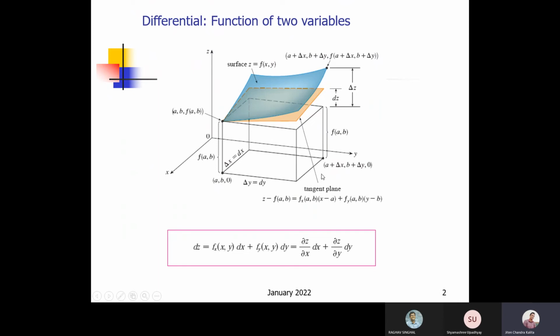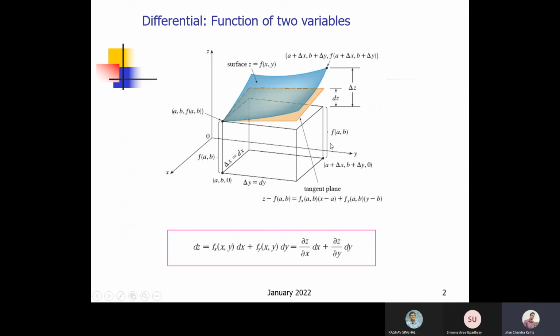Then if you consider the graph of the function at this particular point, which I'm going to call (a, b, c), where c is nothing but f of (a, b), they are giving a kind of partial figure of that surface. This is the surface, and this brown plane is the tangent plane.